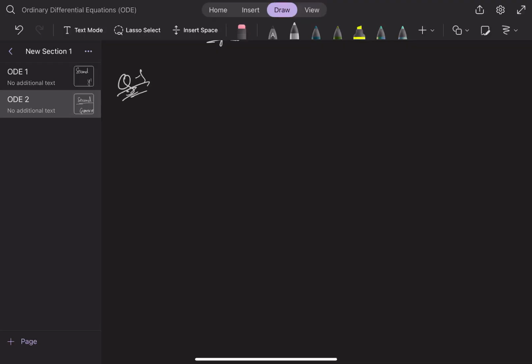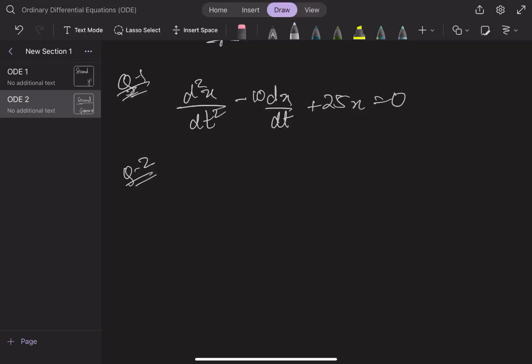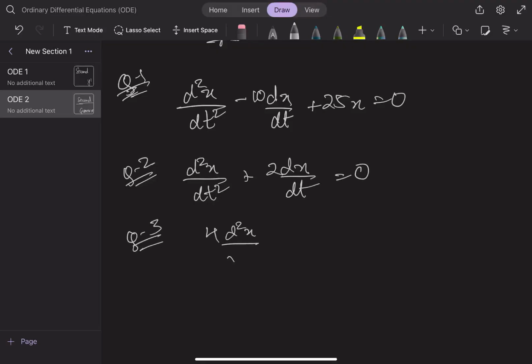Question number 1. So these are the 3 homework questions that you can do.